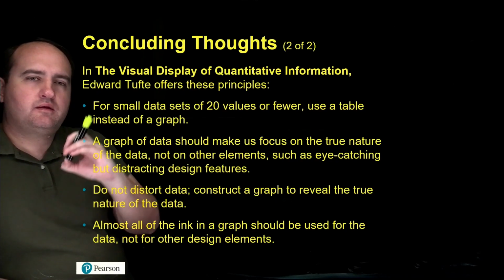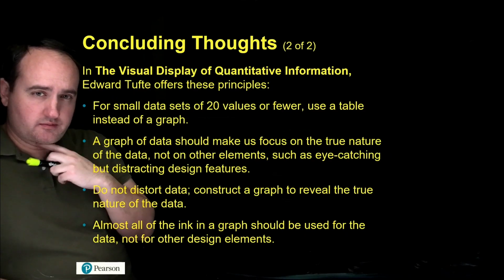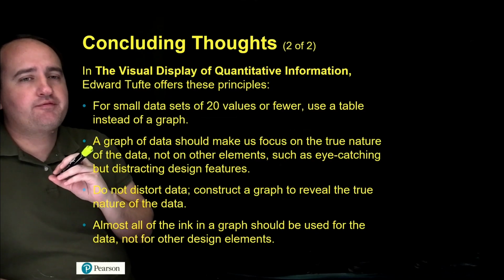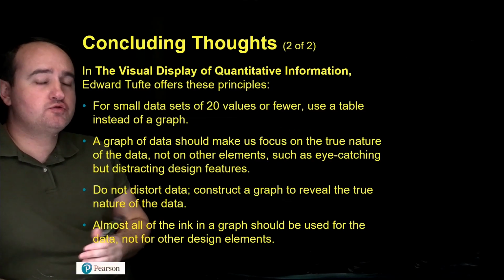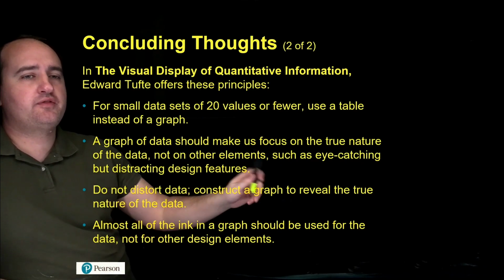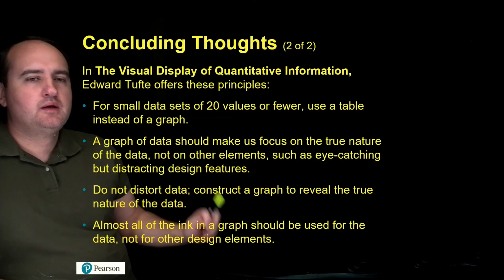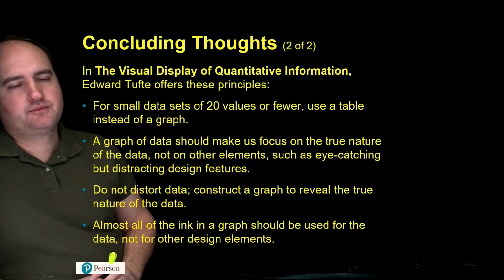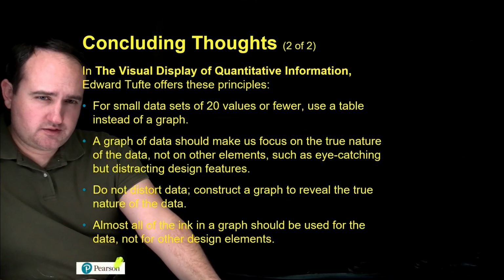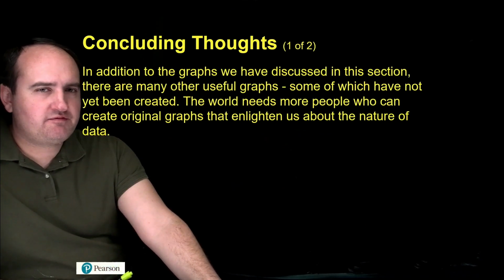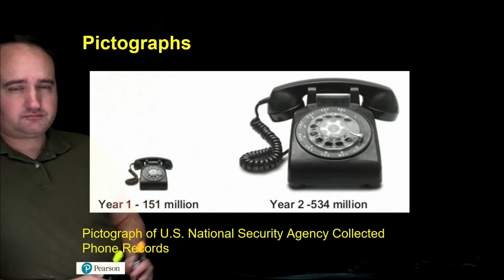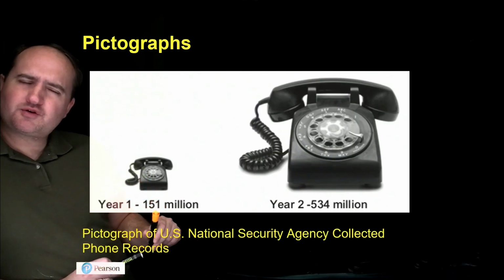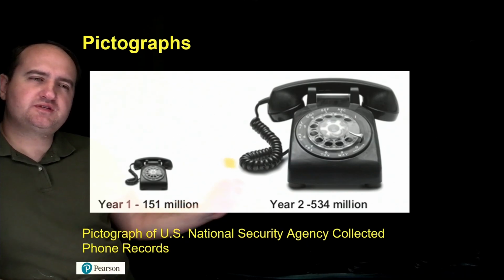The next thing that this author recommends is that a graph of data should make us focus on the true nature of the data, not on other elements such as eye-catching but distracting design features. So we haven't really seen distracting design features, but pictographs are sort of like that. So they sort of mislead us.